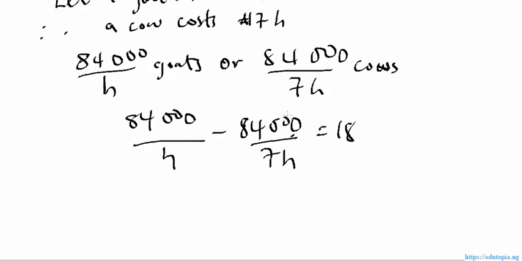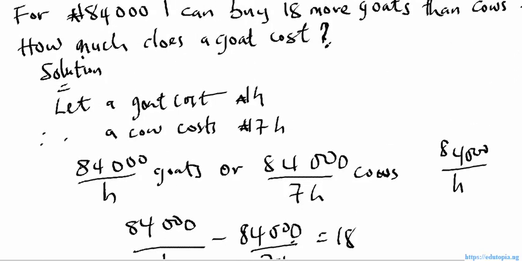Now let's assume, for example, you say 84,000 over H of goods, and then you say you can buy 18 more goods than cars. And remember, our car is 84,000 over 7H. Now if you are told that you can buy 18 more goods than cars, that means addition of 18 more goods with 84,000 naira.